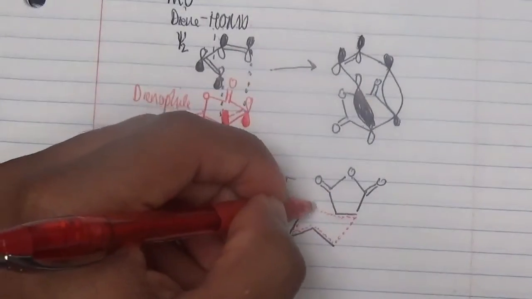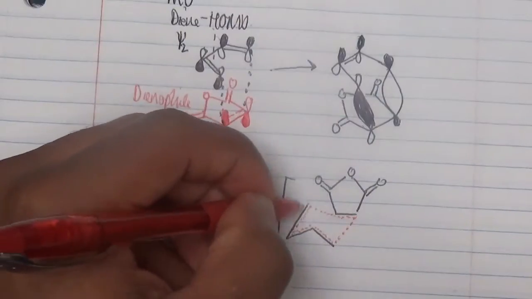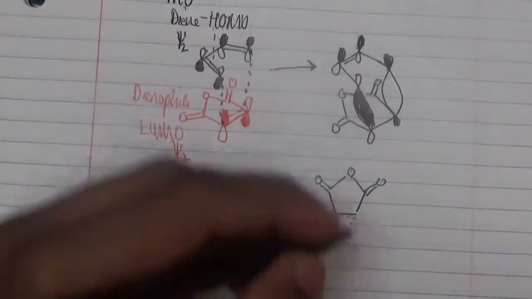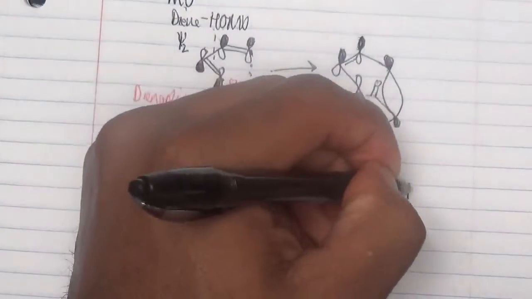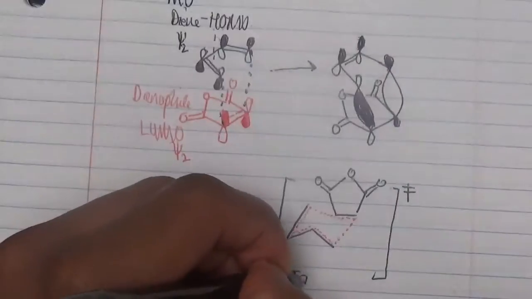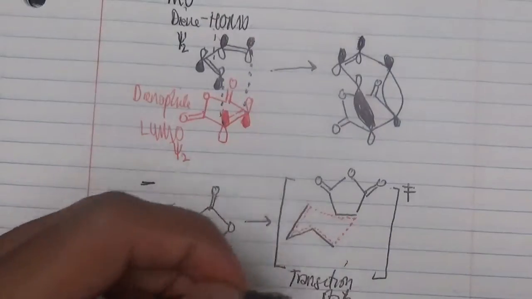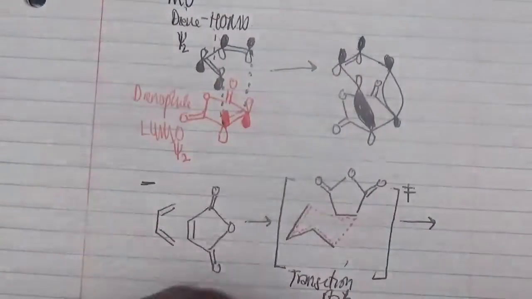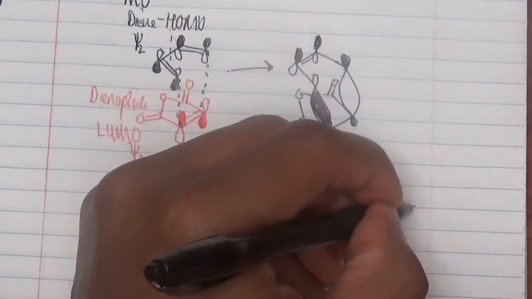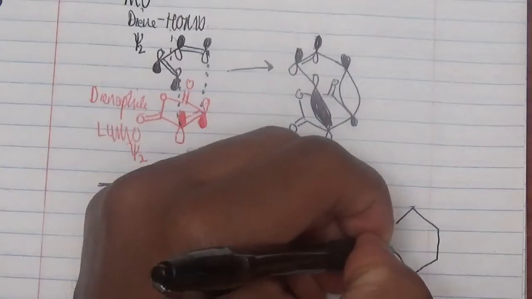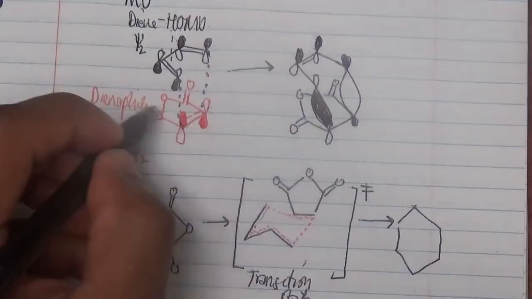Thereby this is our chair form, where these are our carbon bonds over there, and there is no charge in this transition state. And this results in the formation of our final product, where the configuration has a cis hydrogen positioning with respect to these particular carbon atoms over here in our dienophile.